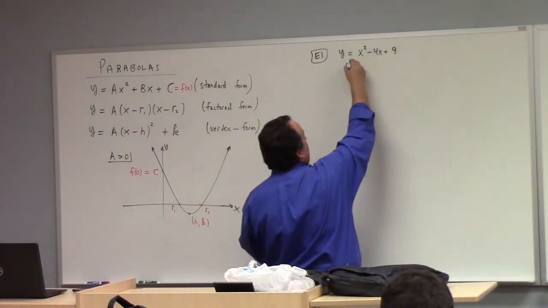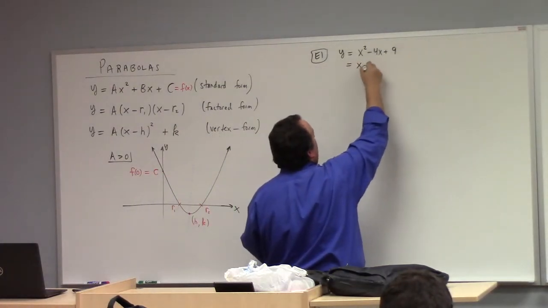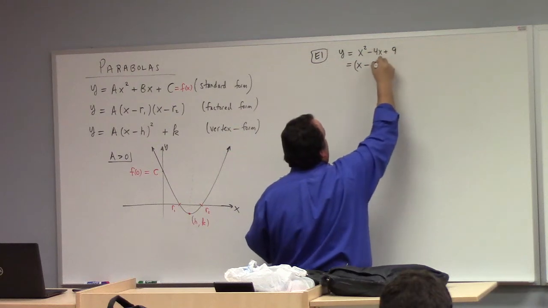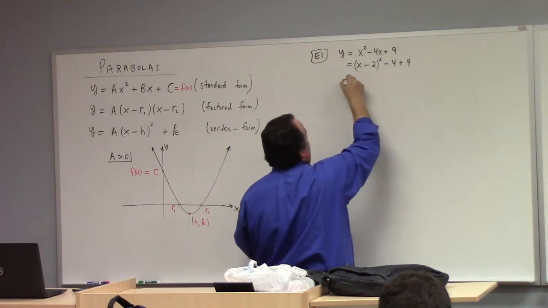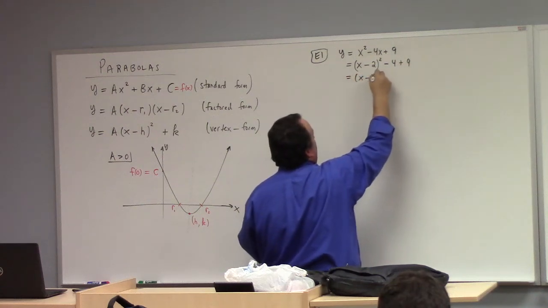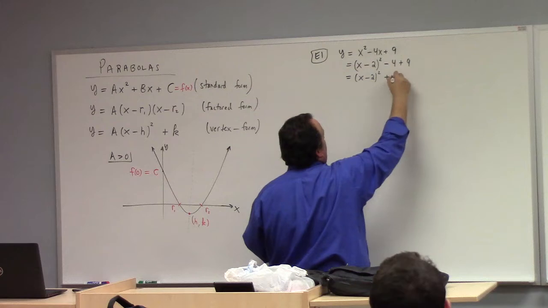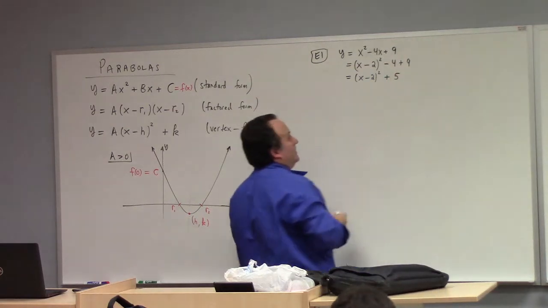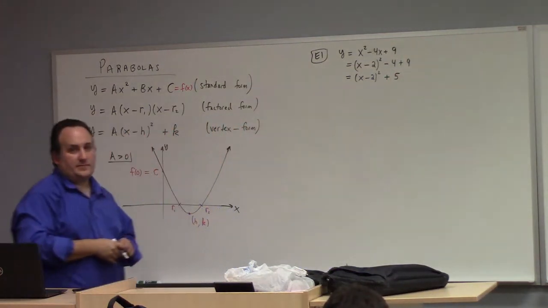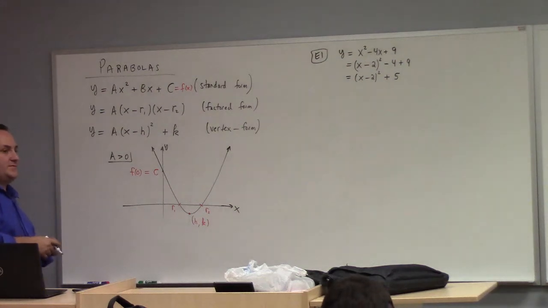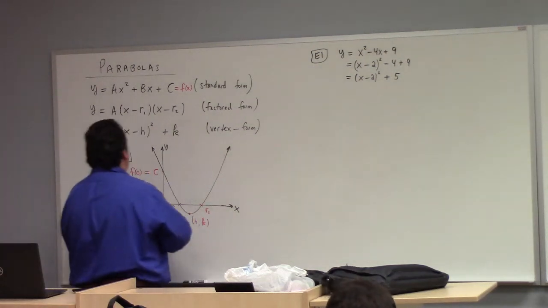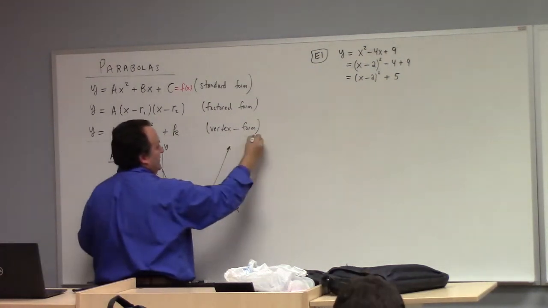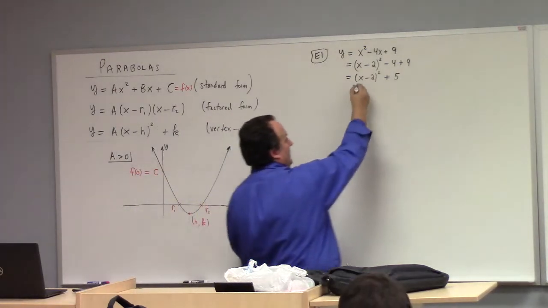If we complete the square, we have x minus 2 quantity squared, then I subtract 4, I add 9. So what I get is x minus 2 quantity squared plus 5. Now that shows me where the vertex is, because I can pattern match the generic vertex form equation with what I have right here.